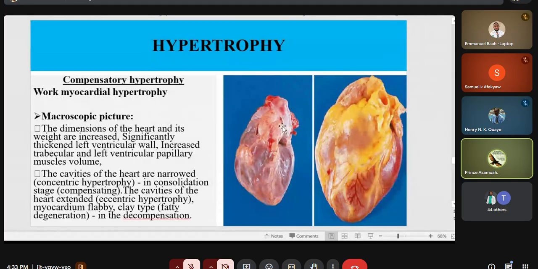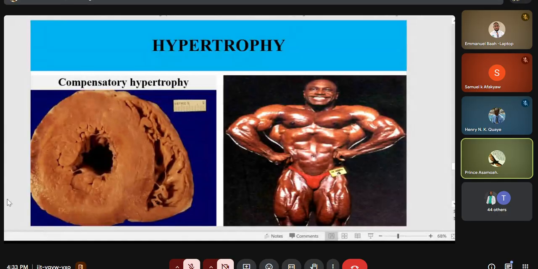So you see this, and take a look at this portion where you have the left ventricle. It has swelled up. So this is the working type.